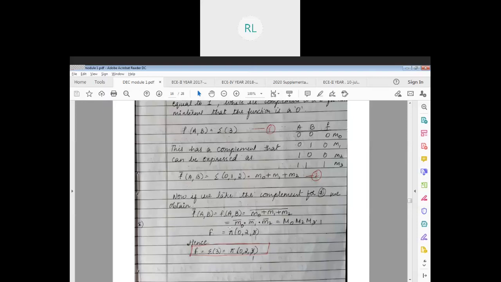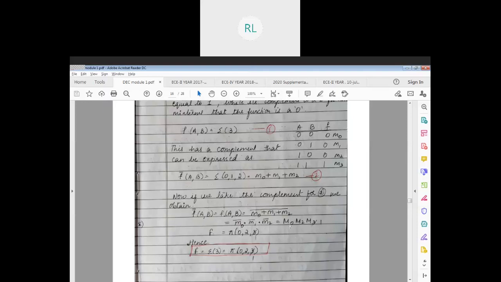So min terms complement is nothing but max term. Capital small m turns out to be a capital M. So I get 0, 2 and 1. Okay, it's not 3, it is 1.